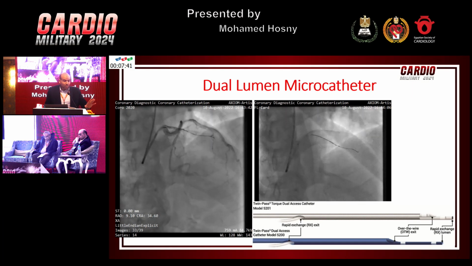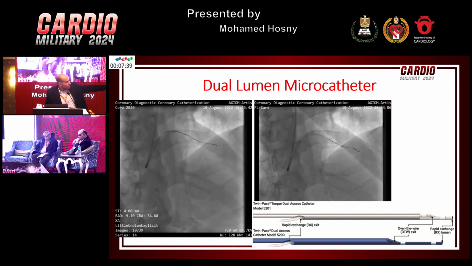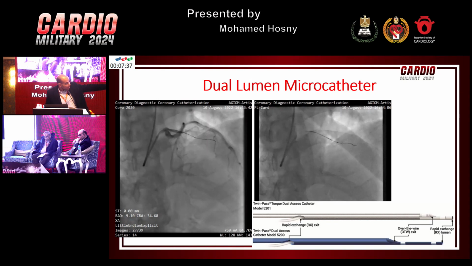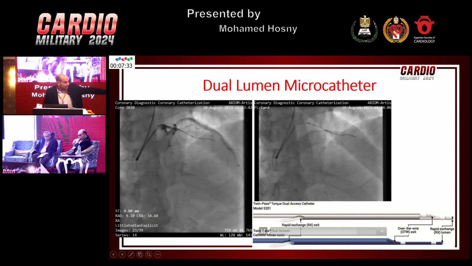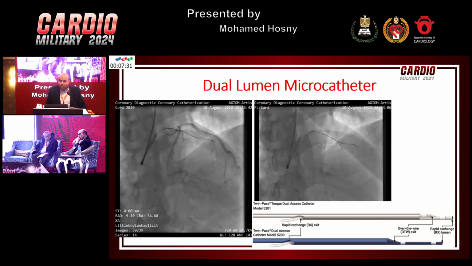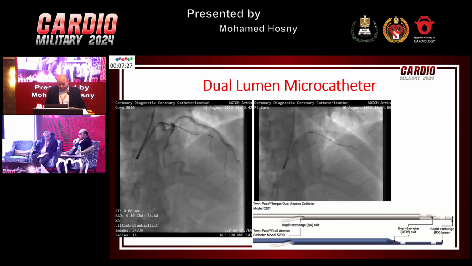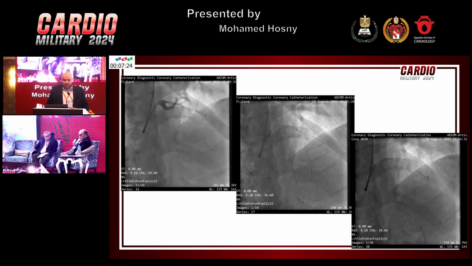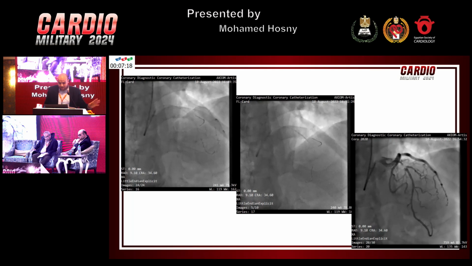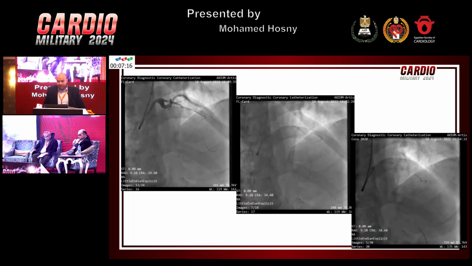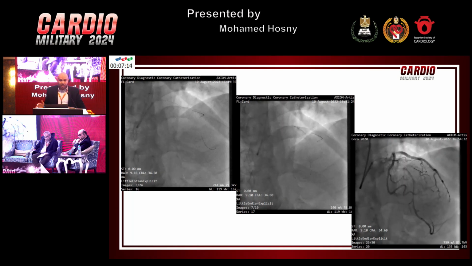And finally, thank God, we succeeded to cross and bypass our wire into the main vessel, as we can see in this picture. Run through wire. Now we take a test. We take our deep breaths, and we found our wire in the true lumen, and our case reverted into a regular case.